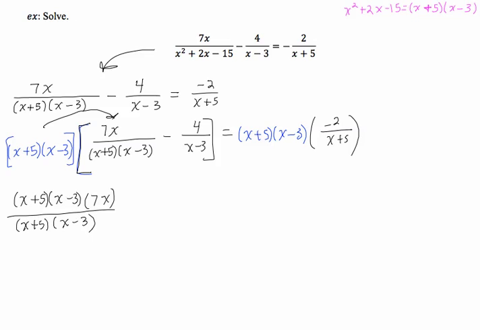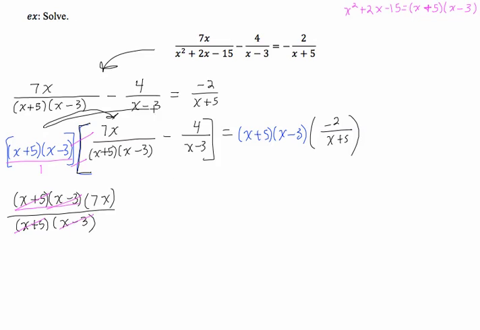Okay, and one thing I should have said here is, if it helps when you're multiplying these fractions, think of this as over 1. Okay, so you're multiplying these two numerators and multiplying those two denominators. So that's why this x plus 5 times x minus 3 went right here into the numerator and not into the denominator. Okay, and like I said, see, then they cancel. We have x plus 5 over x plus 5, x minus 3 over x minus 3.